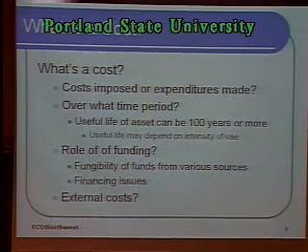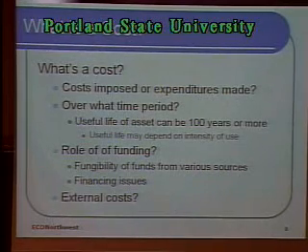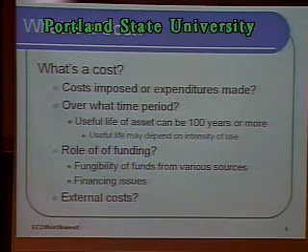What generally happens is that the amount of dollars that are allocated is the amount of expenditures, and then we attempt to allocate those dollars based on the shares of costs imposed by various users. Another question is, over what time period?